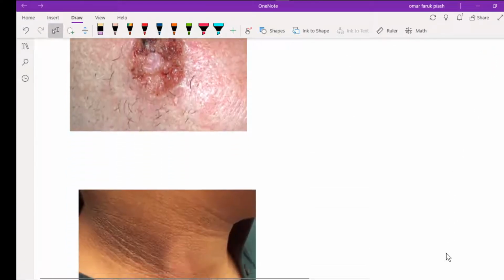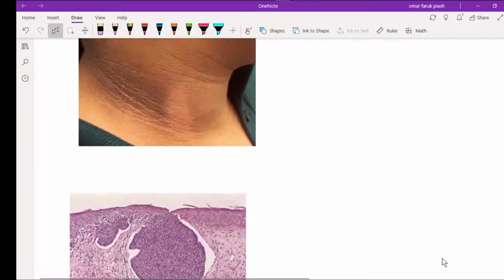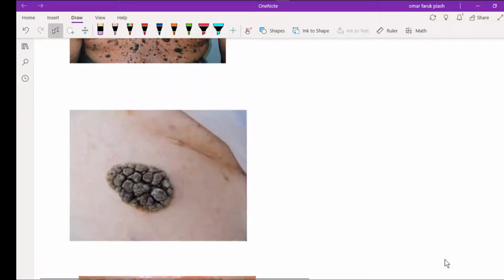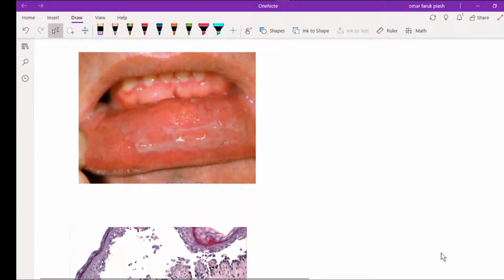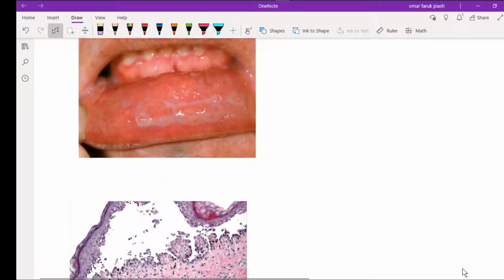Now, this is the picture of pemphigus vulgaris, and this is the histological picture of pemphigus vulgaris.